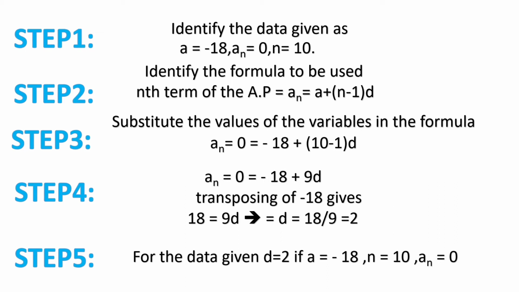After calculation, you have the value of D as 2. That is, for the given data, the common difference is 2. Substituting the values of A, N and AN, we get the common difference as 2 here. That is, the 10th term is 0, common difference is 2 and first term is minus 18.